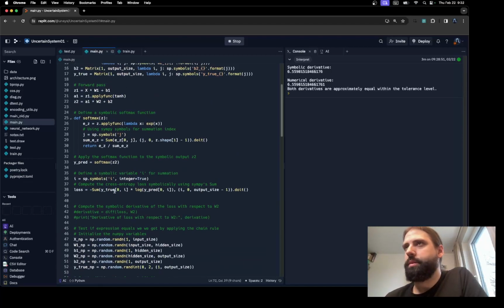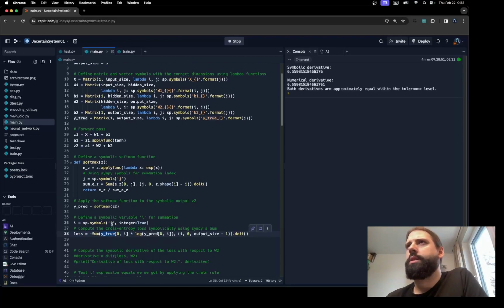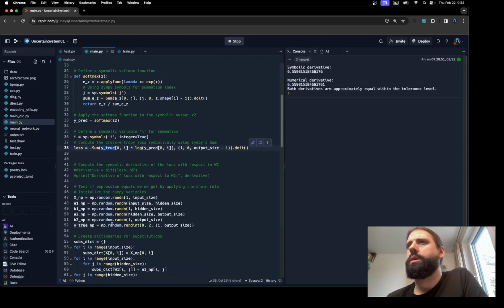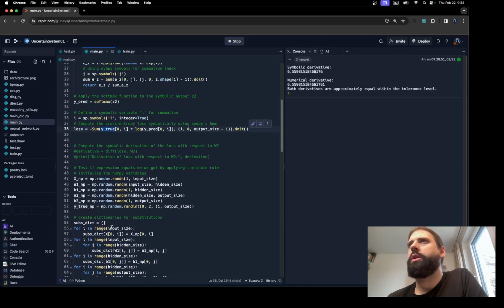Let's try. So you have the loss function here, which is a function of the, and that's a symbolic one. And where is actually the loss NP?